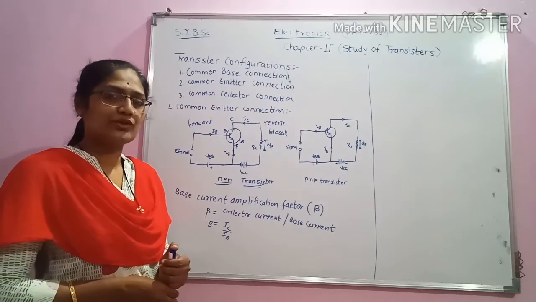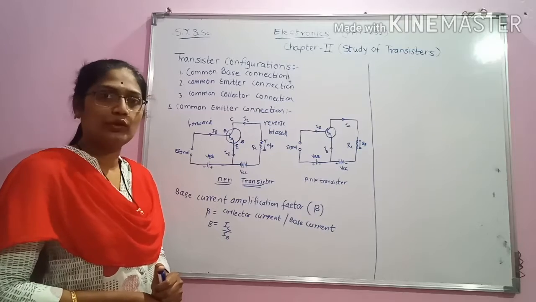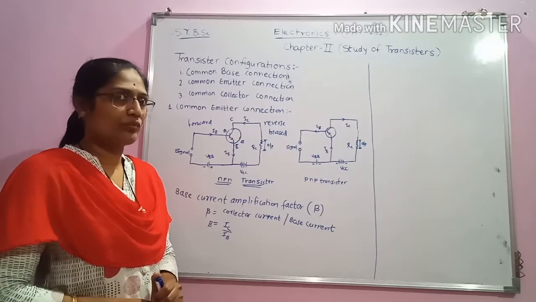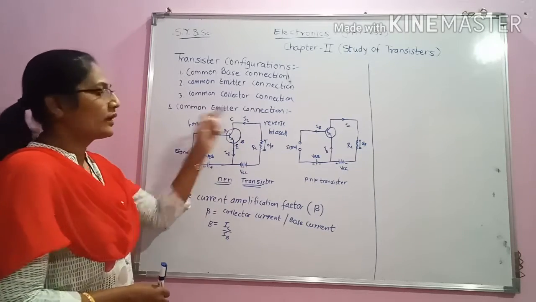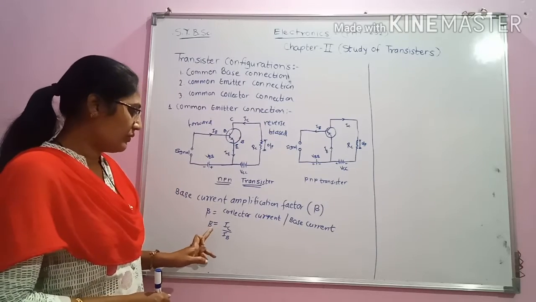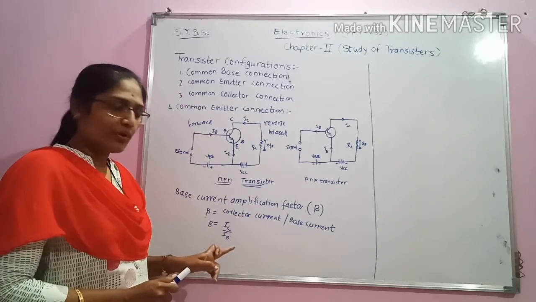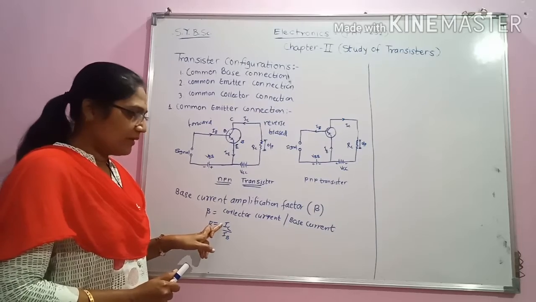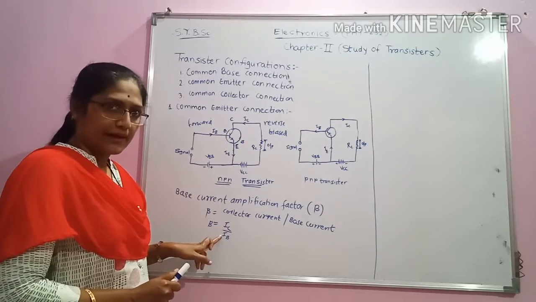During our last lecture, we have found out value of alpha in case of common base connection, and value of alpha is found out as IC upon IE.